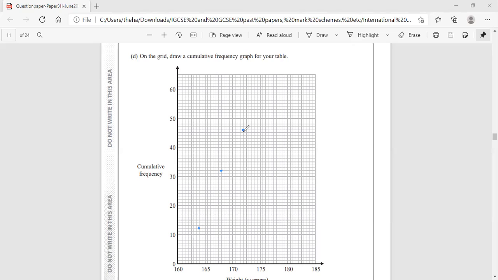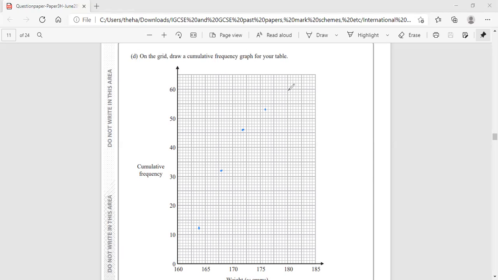Okay, so then we've got 3 more points to plot, which are going to be a lot closer together. We're going 4 more up, from 172 to 176, which is right here, and that's going up to 53. Then the next one is 180, which is going to be 57.